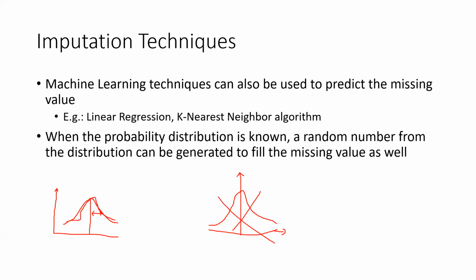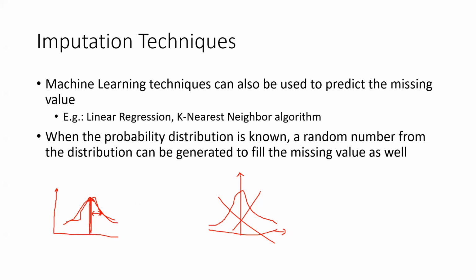When you generate values out of this probability distribution, it may have different values, with the mean of the distribution and the variance of the distribution as well.